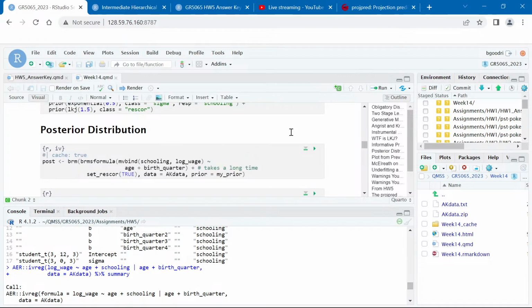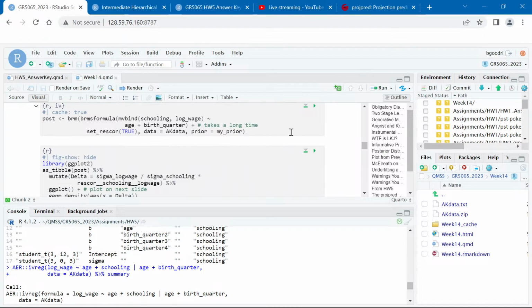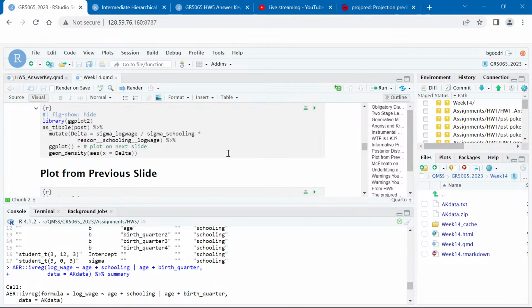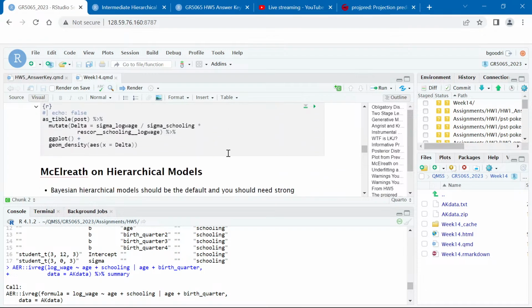If you have not super strong instruments, then you're more likely to get a posterior distribution of delta that is way spread out. But you would just have the right posterior beliefs based on that, as opposed to it really messing up what economists want to do, which is just test the null hypothesis that the causal effect is 0, and if you reject it, then you have a publishable paper in the Journal of Applied Econometrics or whatever.